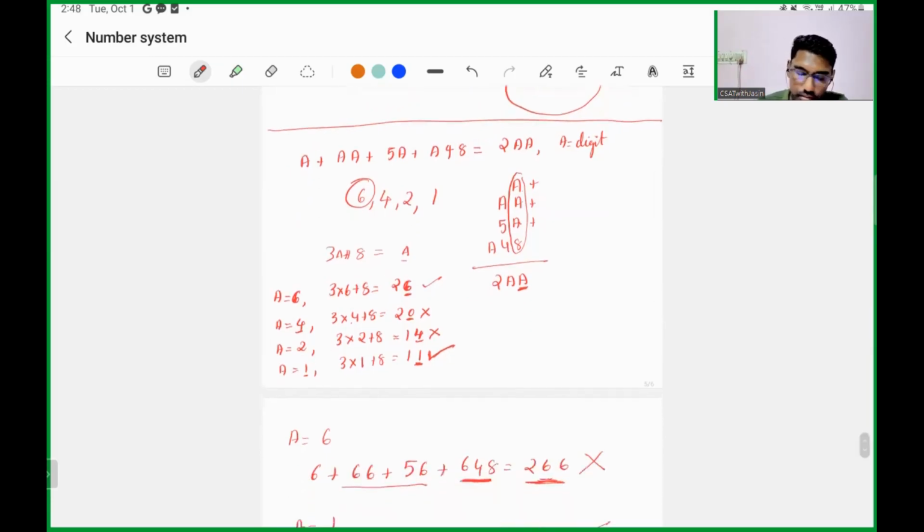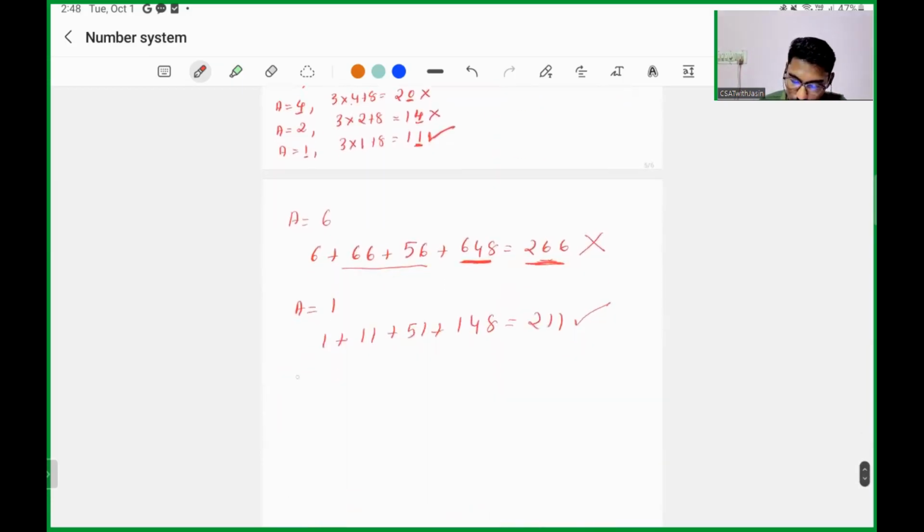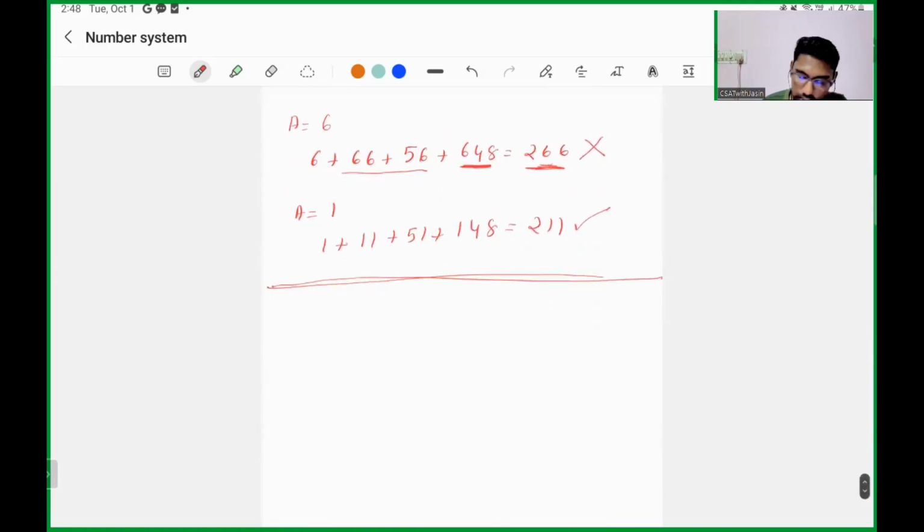Now, I will give you another question. This is different, actually. This is from the multiplication side. A, B and C are digits. So ABC into DEED, which is also a previous year question, is equal to ABCABC.